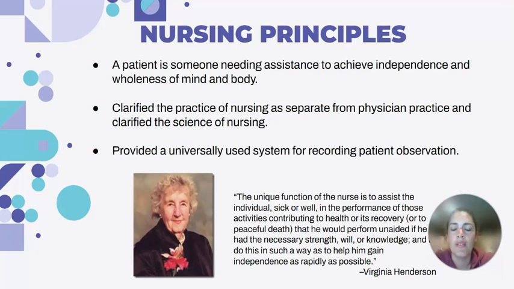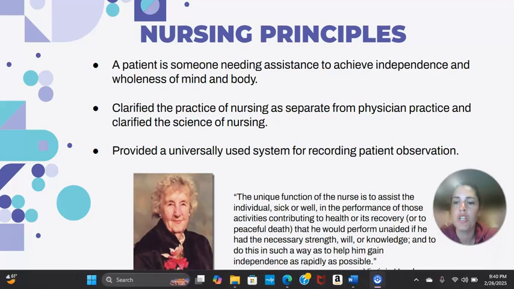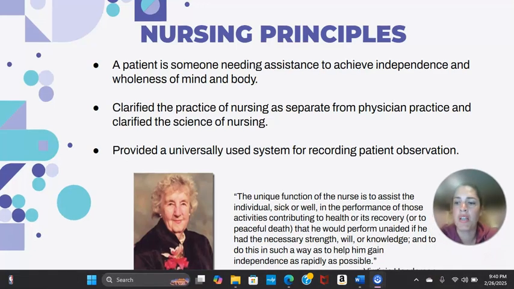So there's somebody that needs some help, but our main goal should be to get them back to that independence as quickly as possible. She clarified the practice of nursing as separate from physician practice and clarified the science of nursing. What the physician does is obviously very important, but what we do is also very important, and our job is so important for advocating for that patient. And so clarifying our roles and responsibilities is huge.